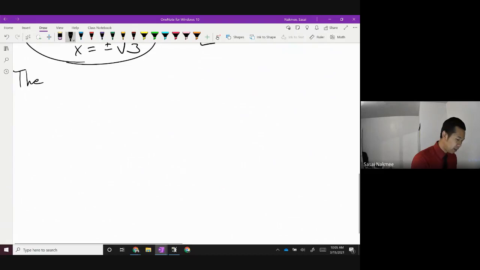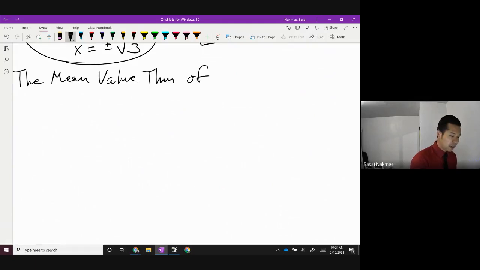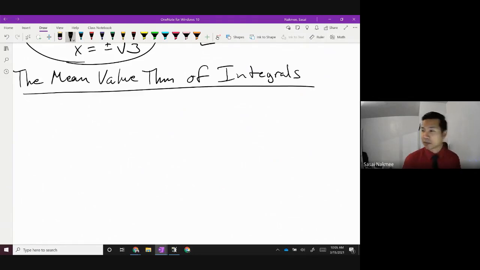Okay, so let's write that down right here. The mean value theorem of integrals. For this one, it always starts off with the same idea.